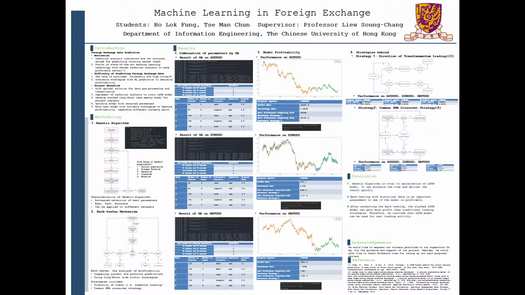Backtesting with the historical data is extremely important to assess whether the model is profitable or not. After conducting the backtesting, the static LSTM model can gain more profit than the traditional trading strategy, and therefore we believe that the LSTM model can be used for real trading activities.